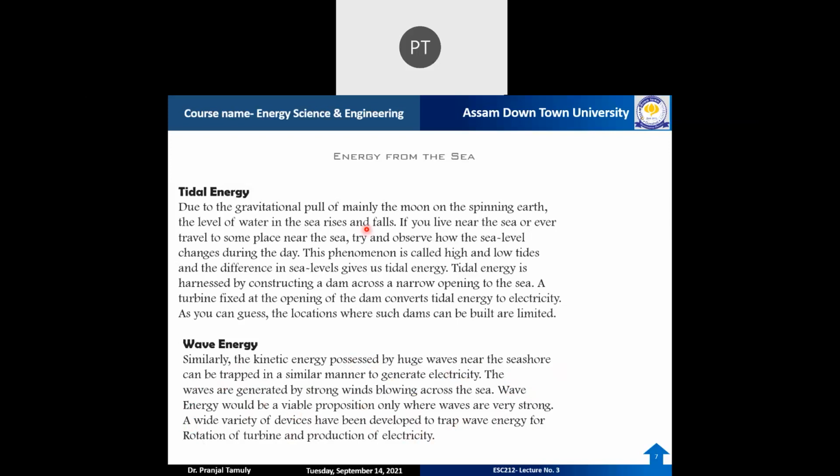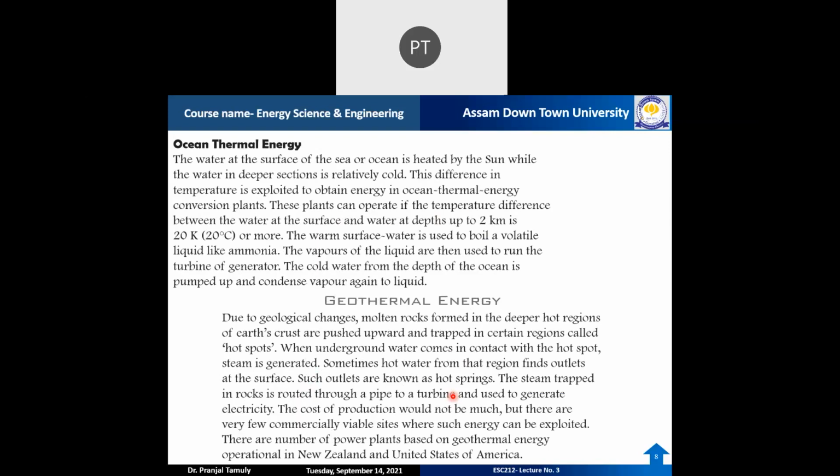So what is the main difference between tidal energy and wave energy? Tidal energy is due to the gravitational pull of the earth and moon, and wave energy is due to wind. So for tidal energy, gravitational force is the main cause, and for wave energy the wind is the main source.